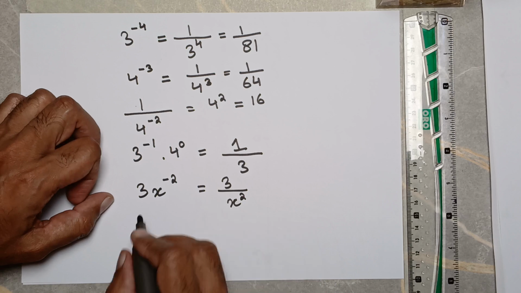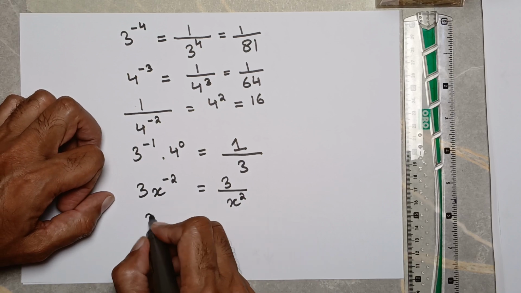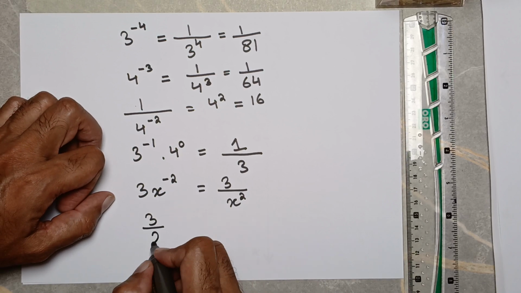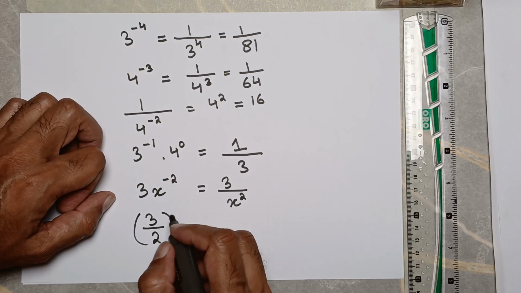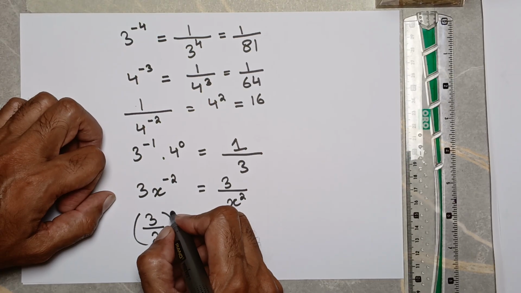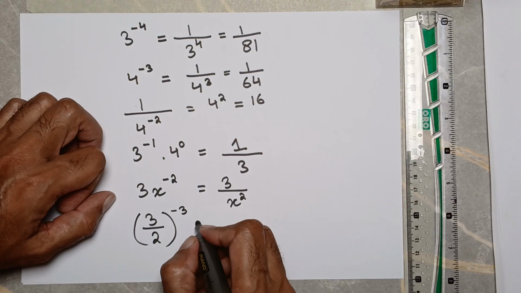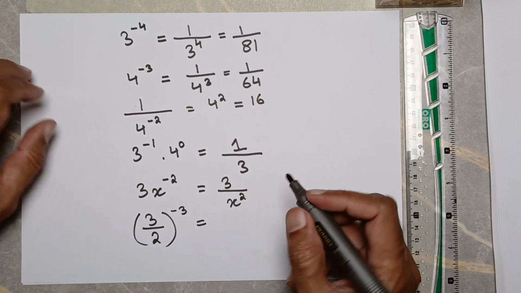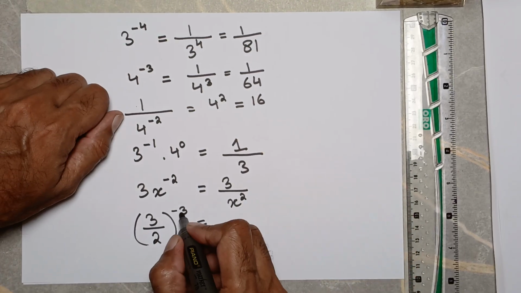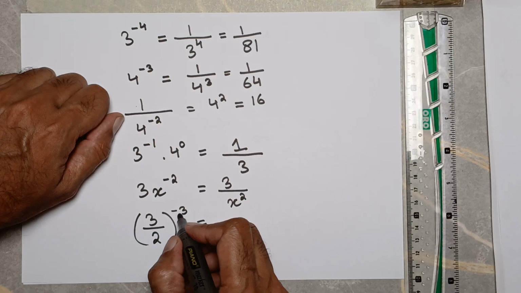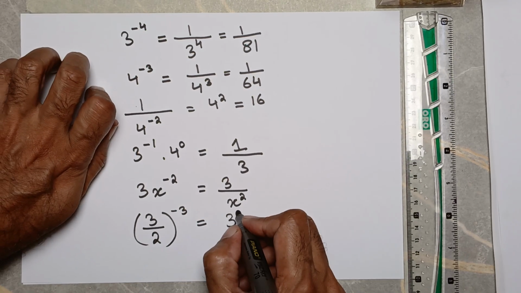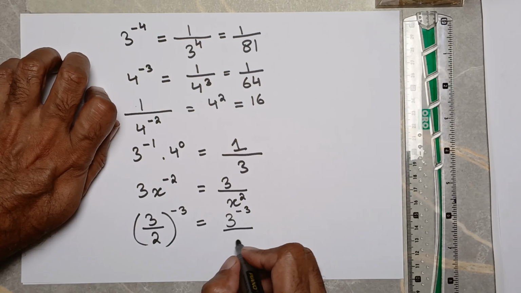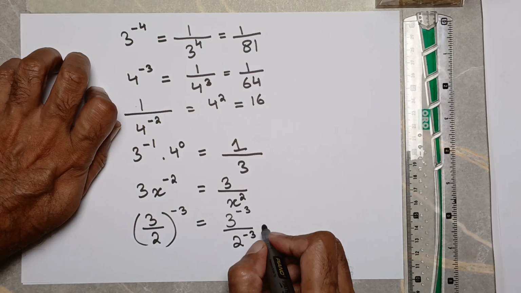Let's take another example. Suppose that we have 3 divided by 2 within the parentheses, and we have a negative exponent, suppose -3. How am I going to solve it? It's quite simple. This -3 applies to both, so 3 raised to the power -3 over 2 raised to the power -3.